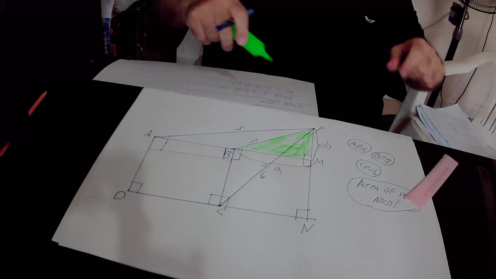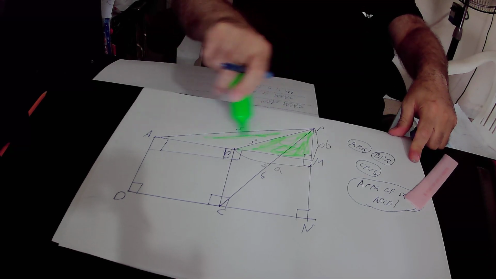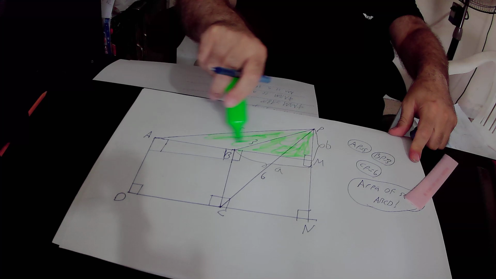Okay, so we will implement the Pythagoras theorem on the right triangle, triangle APM.